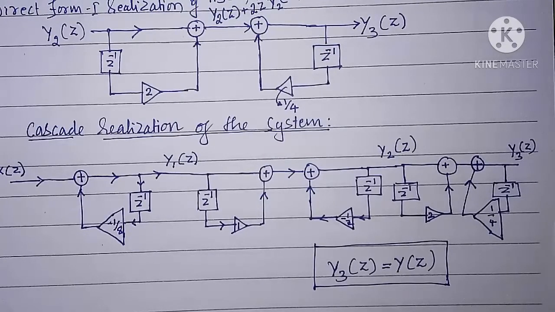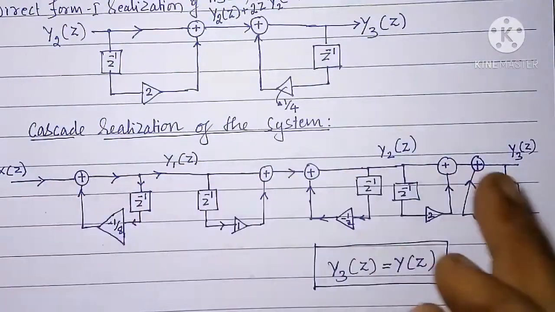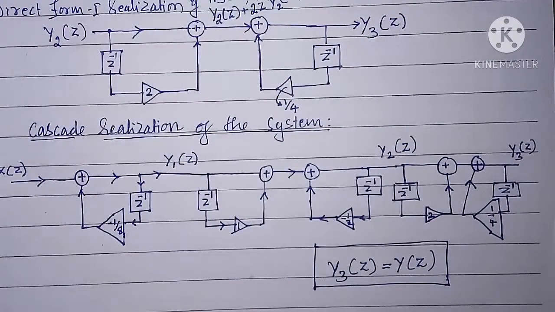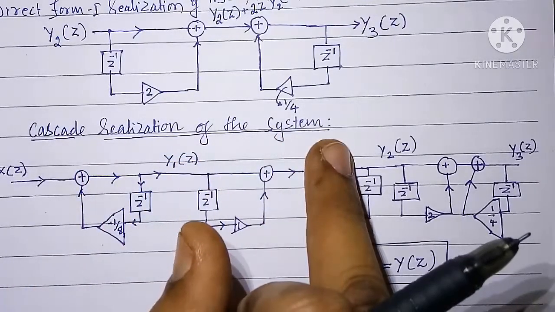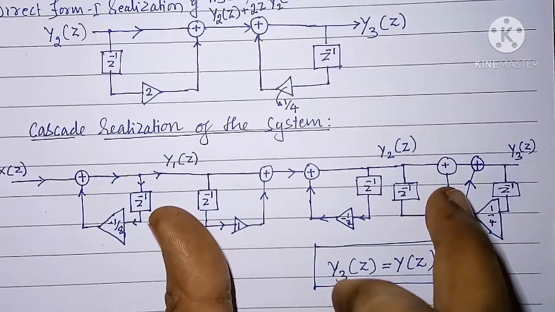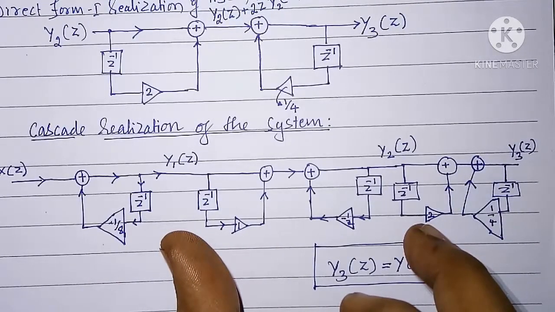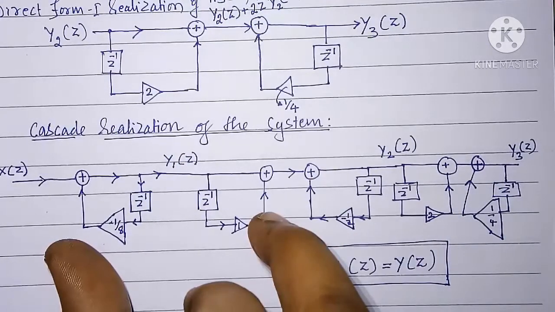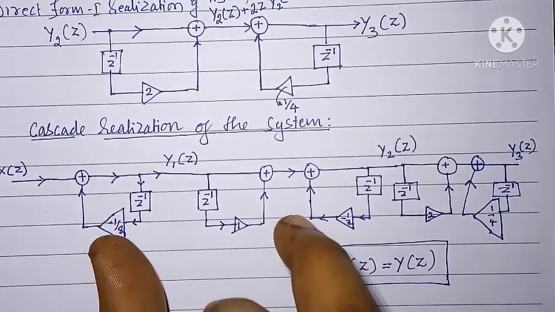Do not do any calculation, just take the block diagrams and convert them into direct form 2 realization structures, and then those structures you bring and place in between x of z and y of z. That will become cascade realization of the system, with each system being represented in direct form 2.